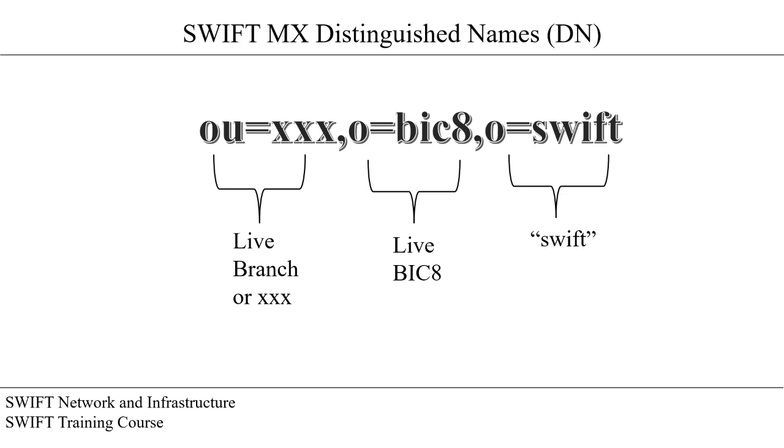This identifier, or distinguished name, has to exist on the Swift network and will be used by financial institutions to send and receive messages using the Swift Interact service. If they were to receive any message, it has to be routed using those DNs, otherwise such a message would be rejected by Swift.